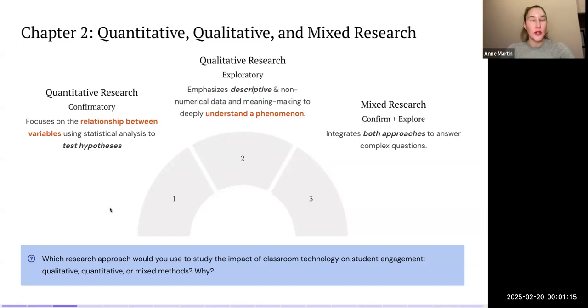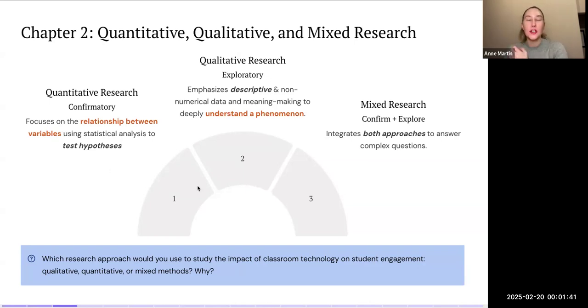So any type of research where you're trying to understand the relationship between one thing and the other, that is going to be best understood through a quantitative method. If you're trying to confirm if there's a relationship, if you're trying to understand a relationship, correlation, causation, you would be using a confirmatory method or quantitative research. So the presence of variables and hypotheses.